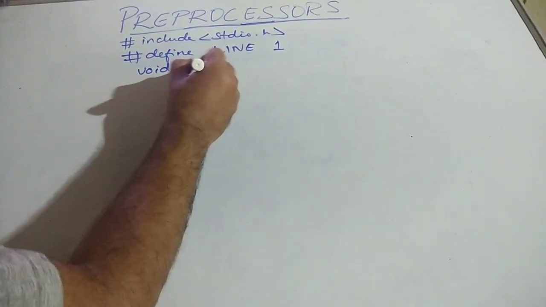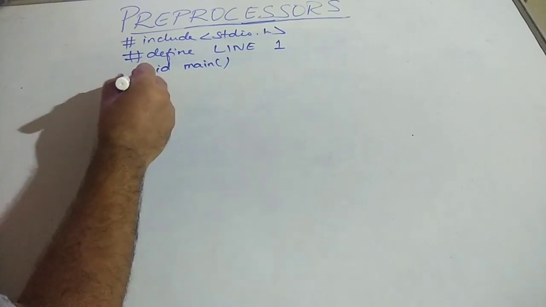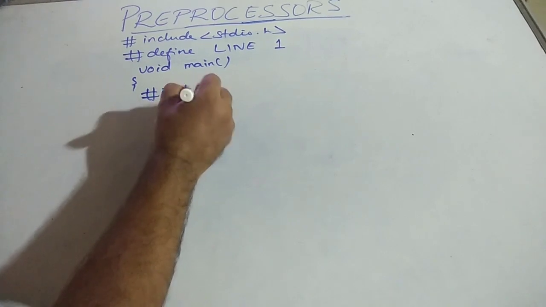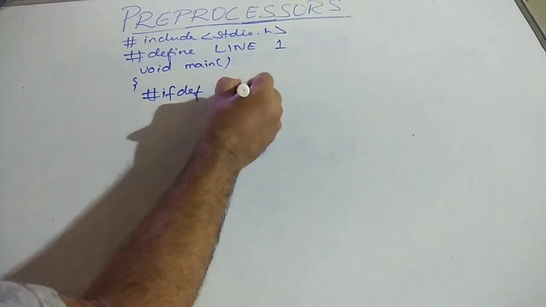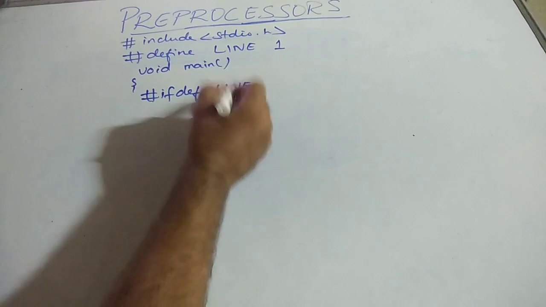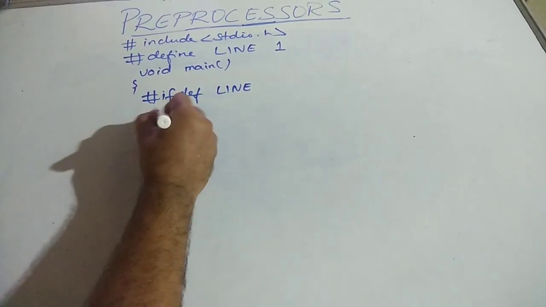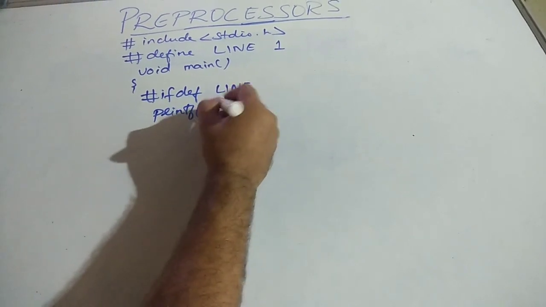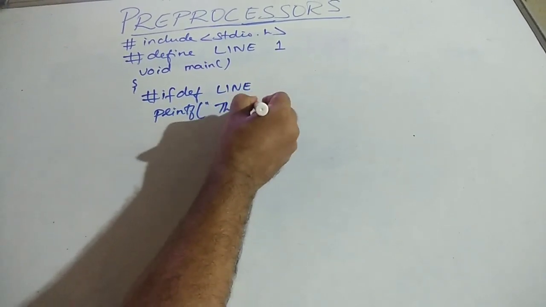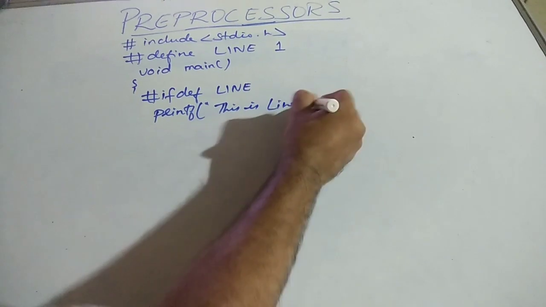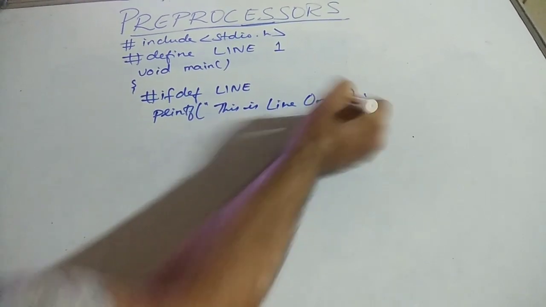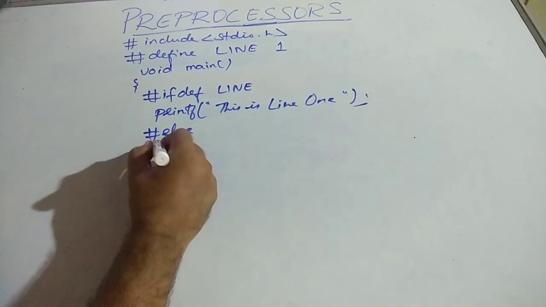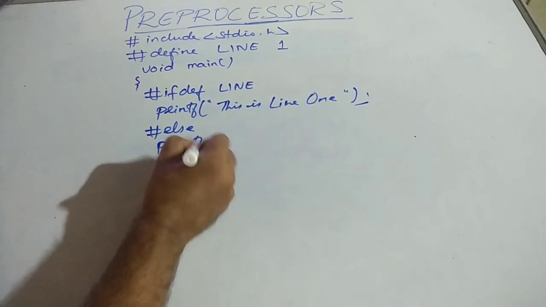So we'll go for the main function. Inside the main function, what I'll write? I'll say #ifdef LINE. So if the LINE macro is defined, execute the statement. I will write a single statement, no need of using a block. printf this is line 1. Is it clear? If not, go for the else part. printf.